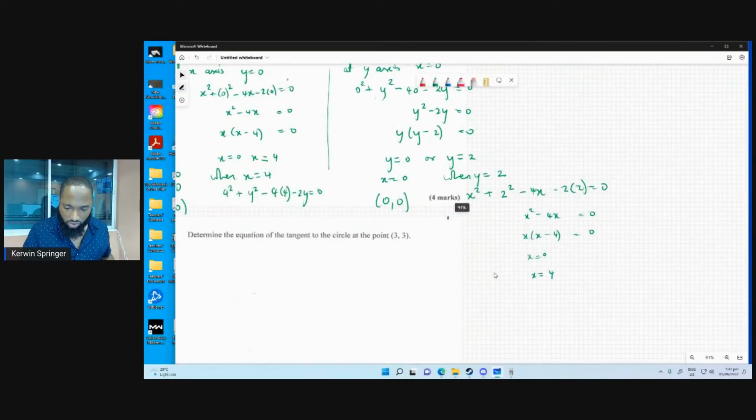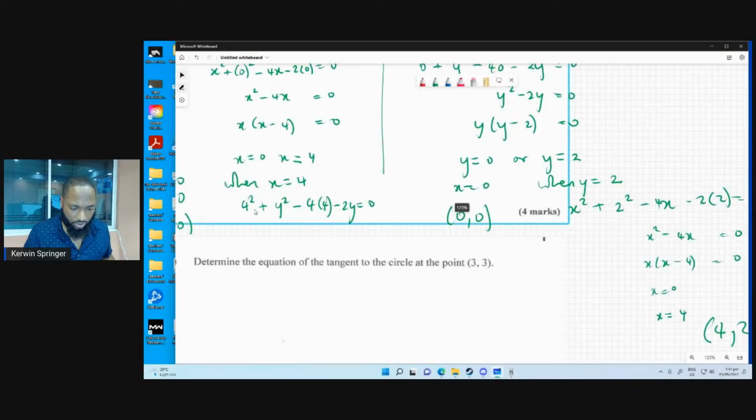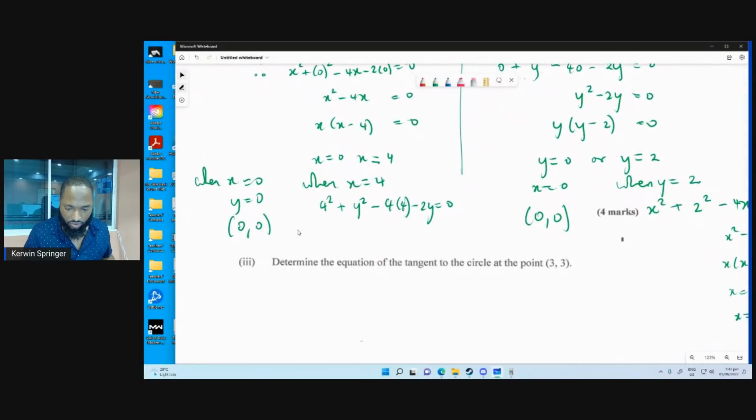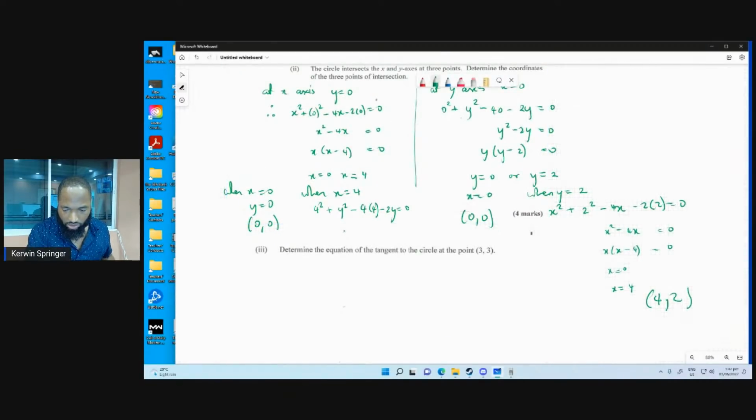So again 4, 2. Again you get the point 4, 2 here, and again the point 2, 4 here. No new point here. When x is equal to 0, when x is equal to 4: 0, 0 and 4, 2, y is equal to 2, y is equal to 0, 4, 0.